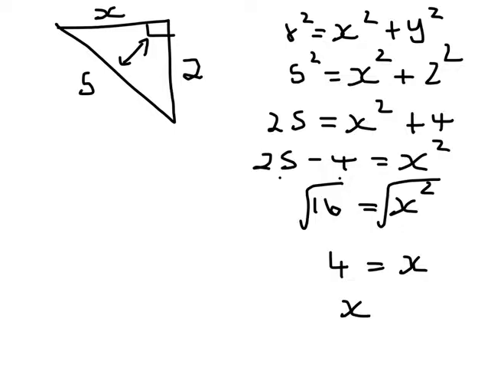So x equals 4, and that is the end of it. I've just made calculations in 2 ways, where you calculate a side or where you calculate the hypotenuse. Let me hold it here for now, and then I will do another example.